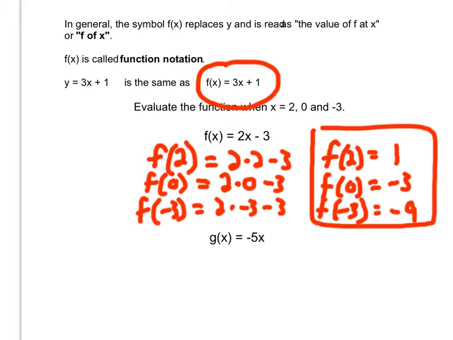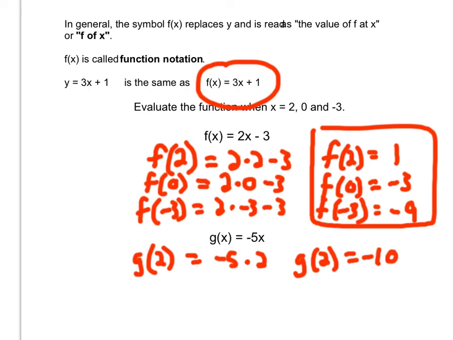So if I want to evaluate g of x when x is 2, 0, and -3, I'm going to do the same thing. I'm going to say the value of function g at 2 is equal to -5 times 2. So the value of g at 2 is -10.